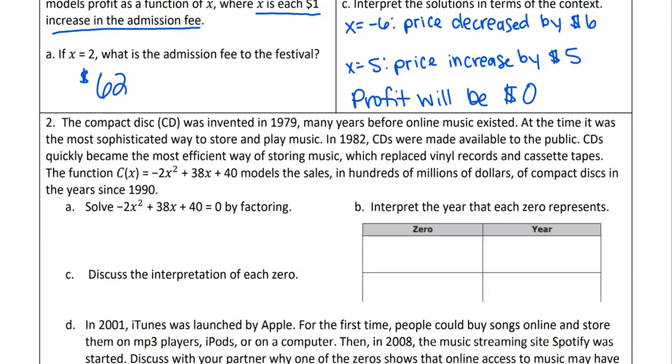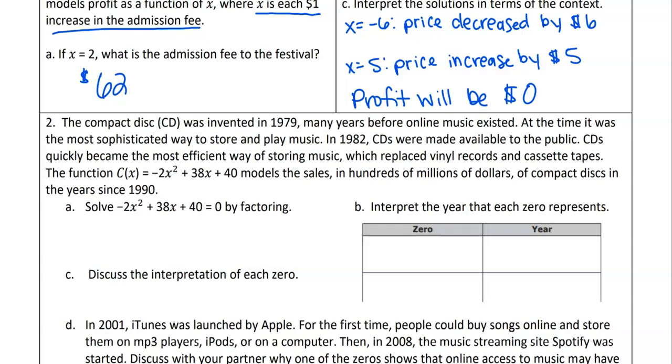In 1982, CDs were made available to the public. CDs quickly became the most efficient way of storing music, which replaced vinyl records and cassette tapes. The function C of x equals negative 2x squared plus 38x plus 40 models the sales in hundreds of millions of dollars of compact discs in the years since 1990.